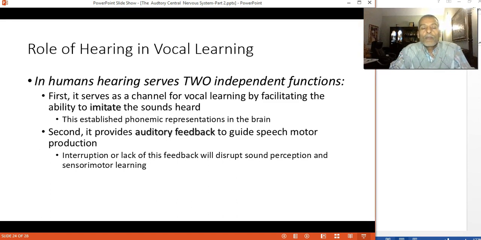So first, the auditory system serves as a channel for vocal learning. Again, building the phonological representations and the word representations.